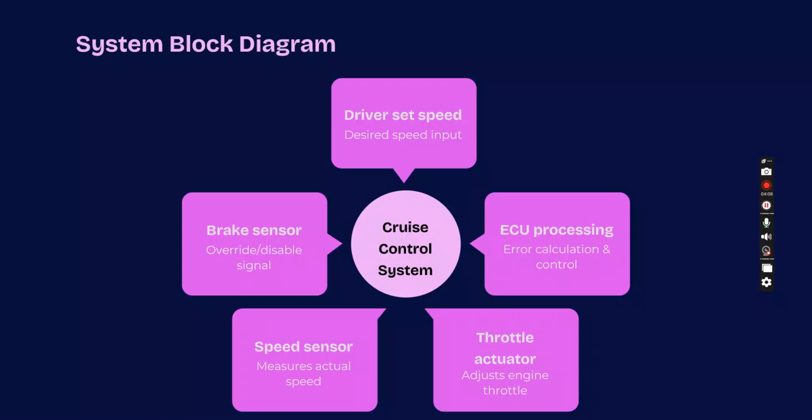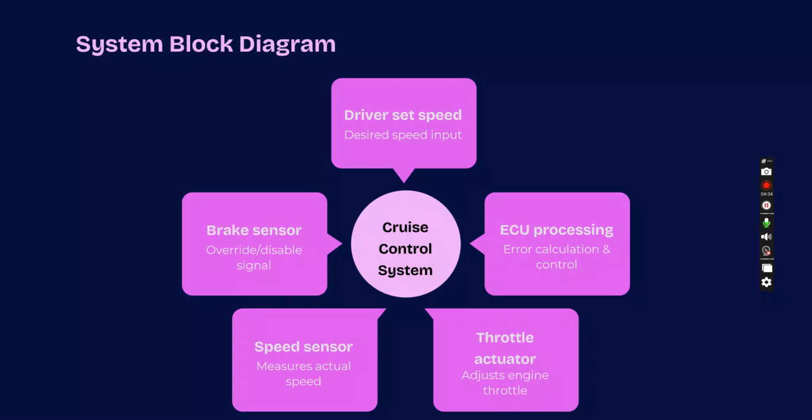If we take a simple example, you're going on a highway and you set a speed of 60 km per hour, and if we accelerate at that point, it will accelerate and achieve some speed, for example 80. But when we take our foot off the accelerator pedal, it will return to 60 again.